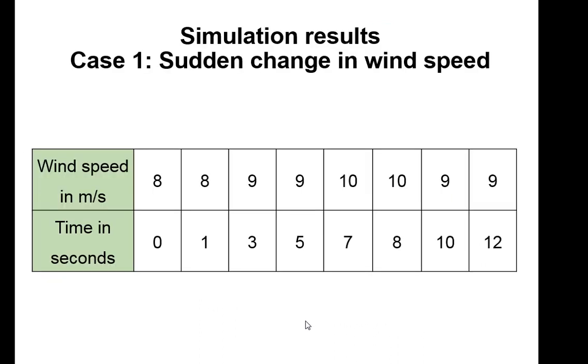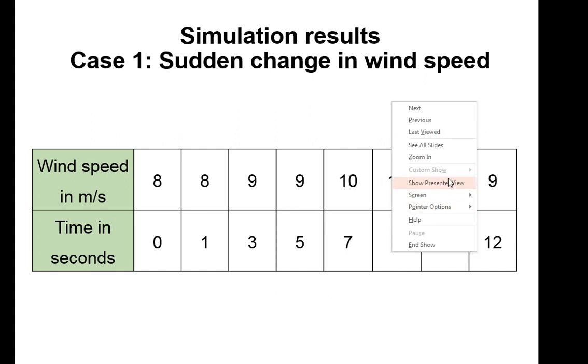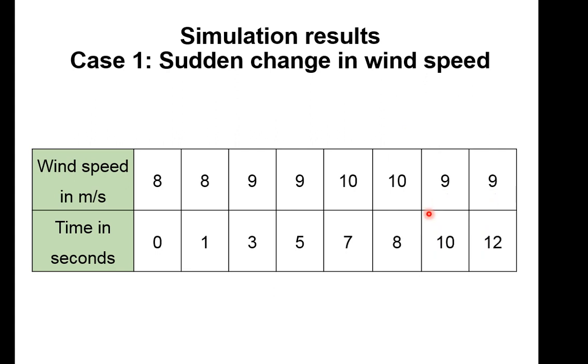So these are the simulation results. If we are considering case 1, this is the input wind speed in meter per second, and these are the timings of that. If you go through the various aspects of the same, we are having 8, 9, 10 and again 9. So this is our wind regime, that's what we have applied to the system.